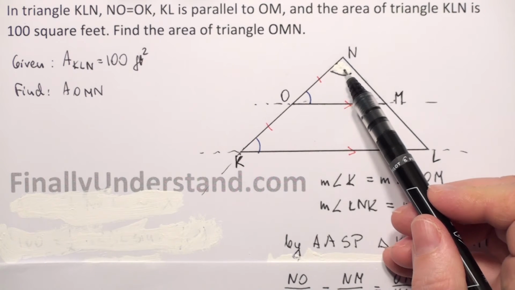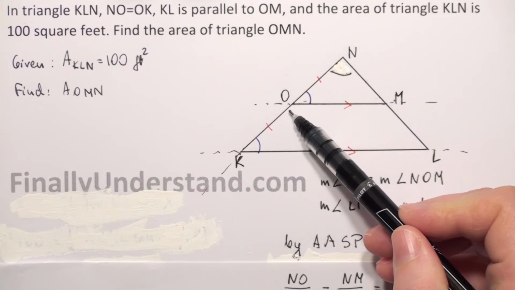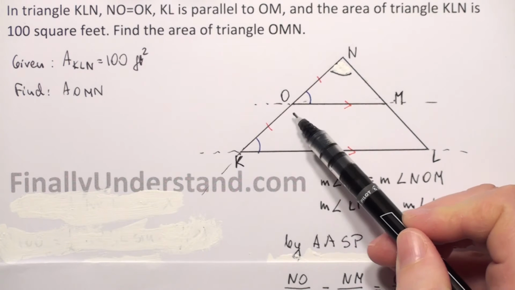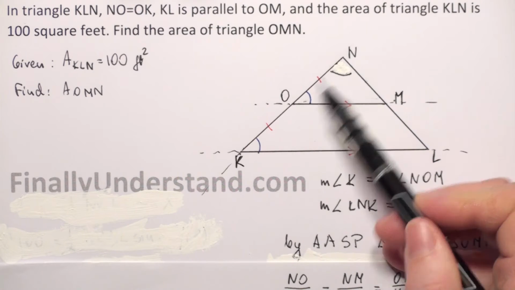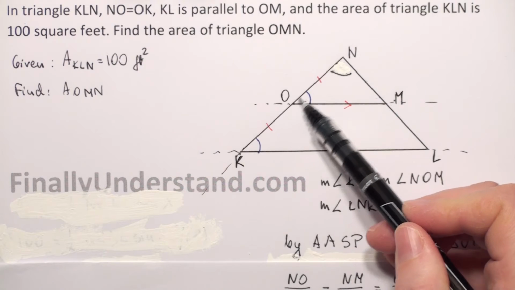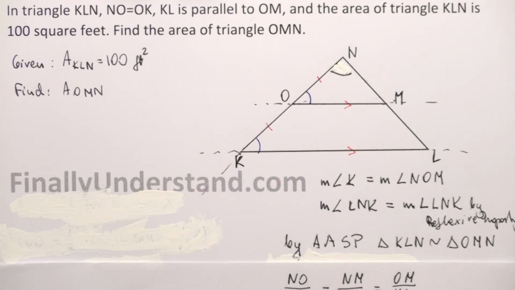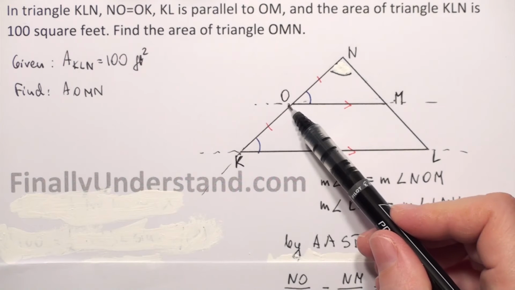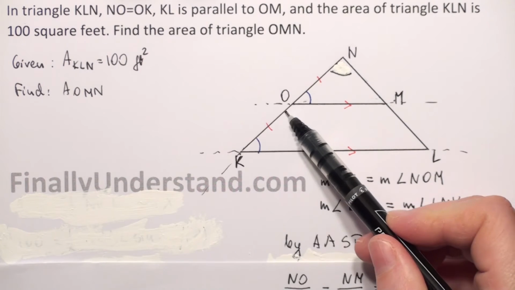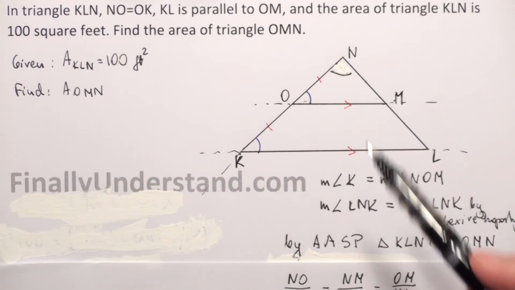Because we see that NO is equal to OK, it means that the segment NK is divided into two equal sides. So we can rewrite that NK is equal to 2 times NO, or you can write 2 times OK, because this side is equal to that side.